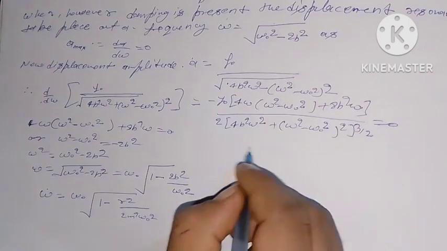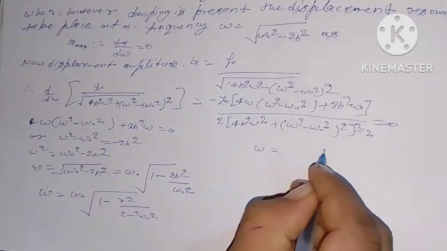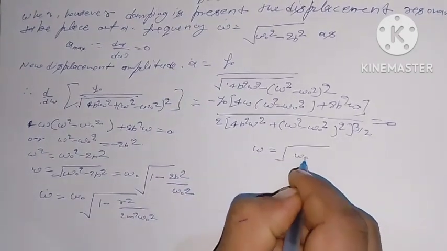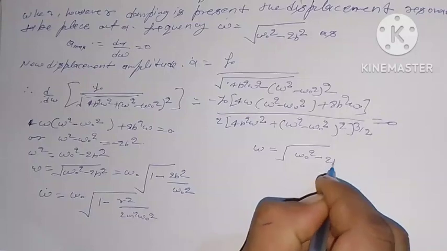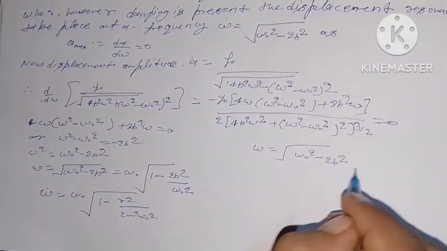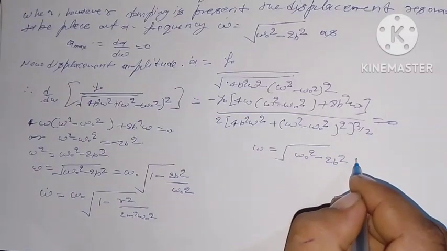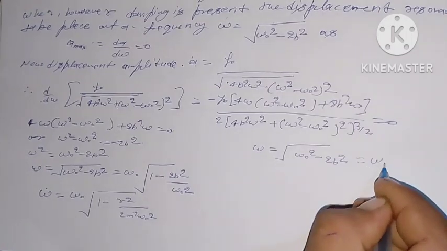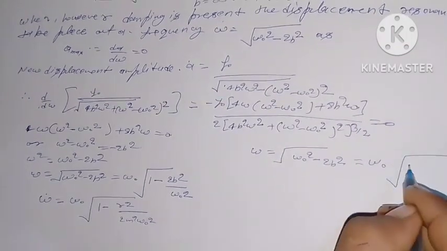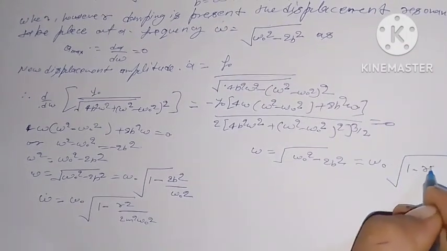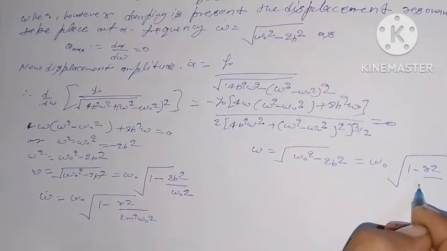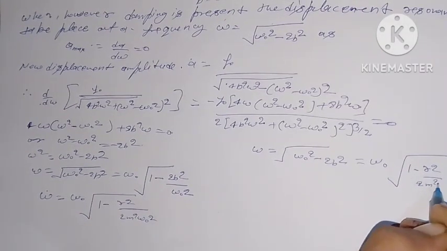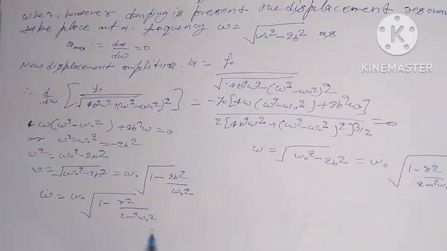Omega equal to under root of omega naught square minus 2b square, and that is omega naught under root of 1 minus r square upon 2m square omega naught square.